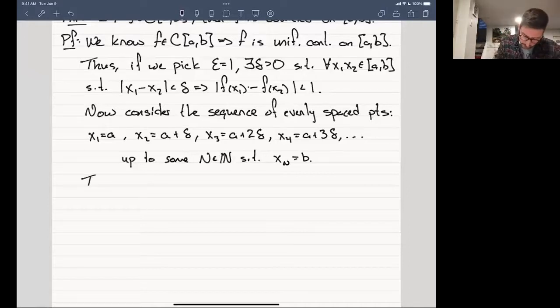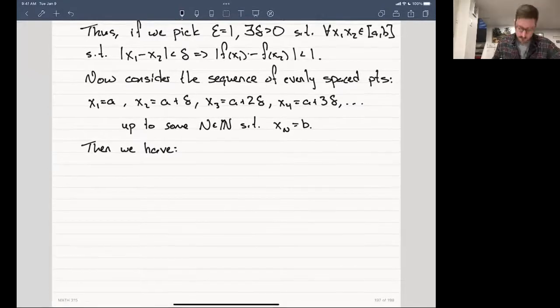So then we're going to use uniform continuity here. Well, if you look at x between, say, x1 and x2, this implies, okay, so again, f of x1 minus f of x2 is less than 1 because of uniform continuity.